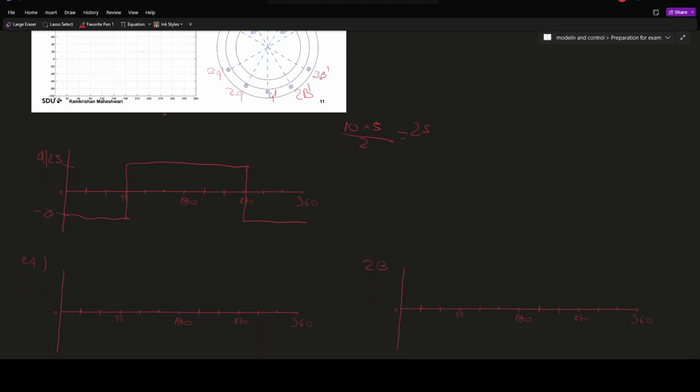So we are gonna have 20. So here we're gonna have 20, here we're gonna have minus 20. So we are gonna have negative until 30 degrees below this one. We're gonna have positive until 30 degrees behind 270.